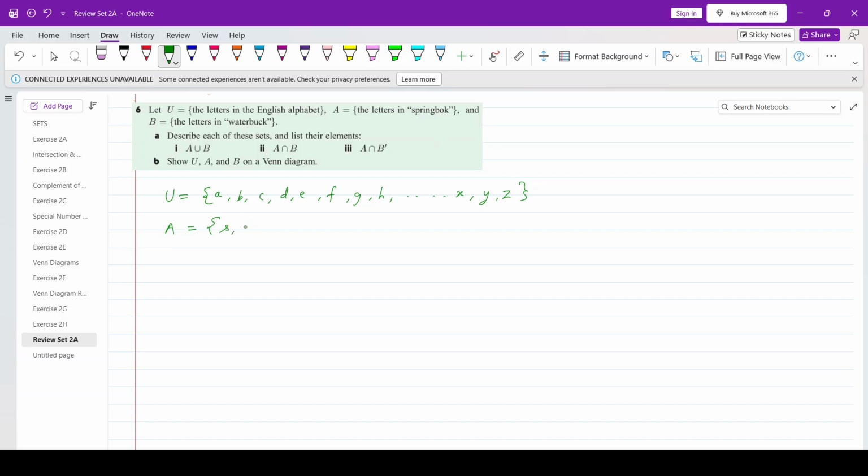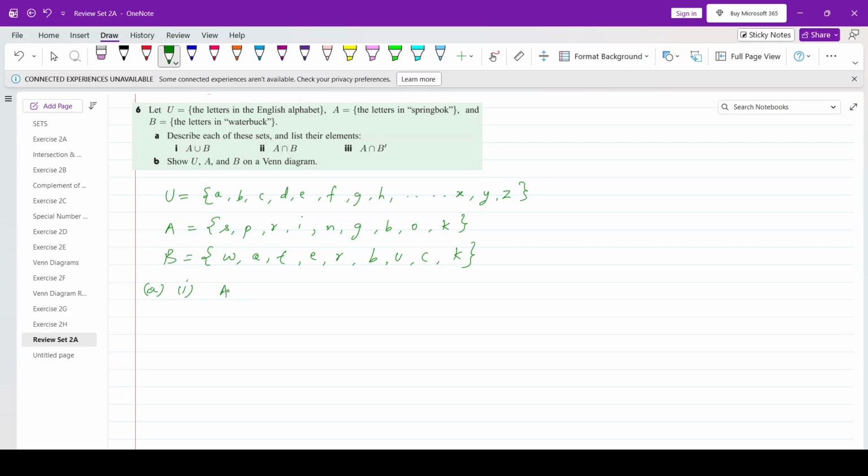That is going to be S, P, R, I, N, G, B, O, and K. Set B contains the letters W, A, T, E, R, B, U, C, and K. Now the question is asking, describe each of these sets and list their elements.